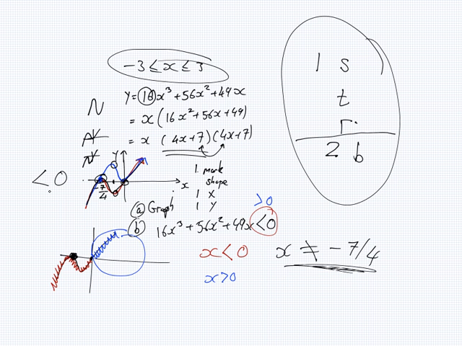So what you could do is use the formula, get the two answers and then go back to this. And what were your answers? 1728. So that's not the answer. That's just the delta.